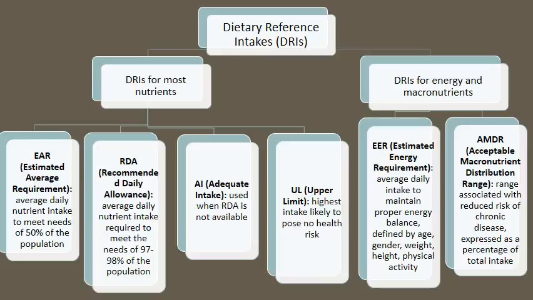So the estimated average requirement is the average daily nutrient intake required to meet the nutritional needs of 50% of a population. So it's a super average estimate, as the name would imply. The RDA, which is a recommended daily allowance, is the average daily nutrient intake, so the average amount of a nutrient that should be consumed on a daily basis that would be required to meet the nutritional needs of 97 to 98% of the population.